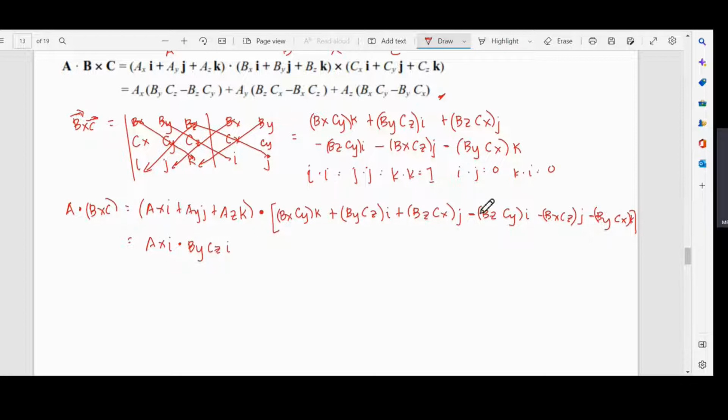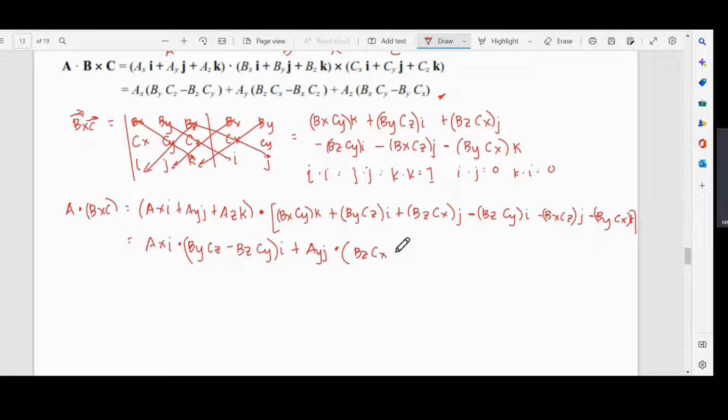Next, we also have here minus. Pwede nating ilabas yung I. Minus Bz, Cy. Ayan. Tapos next, yung J natin. So, we have AYJ. Cross of, hanapin natin yung may J yan.